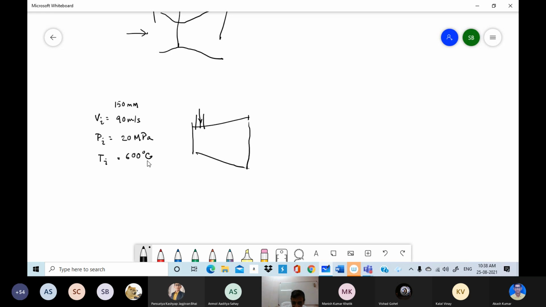Now that is where we'll have to familiarize ourselves with property tables in order to determine what is the density at this pressure and temperature. Let's go further and see what is the value at the exit.